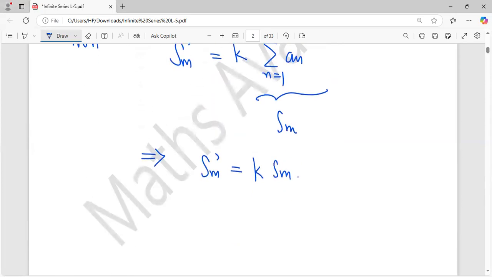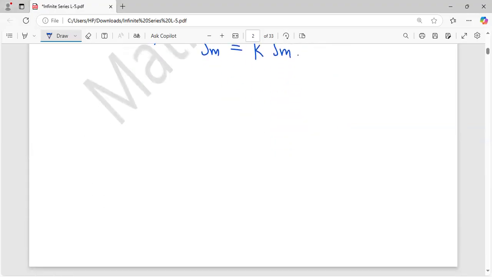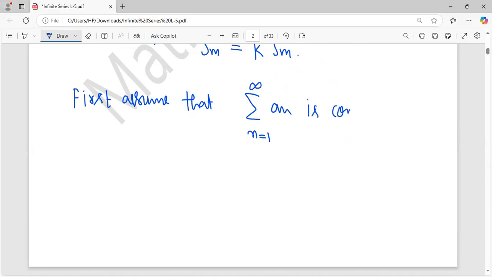Now first assume that this series summation n goes from 1 to infinity a n is convergent.